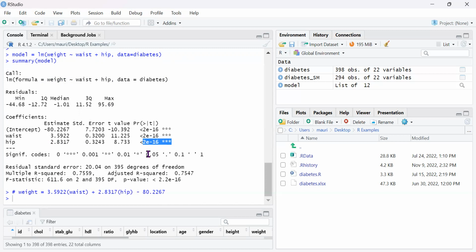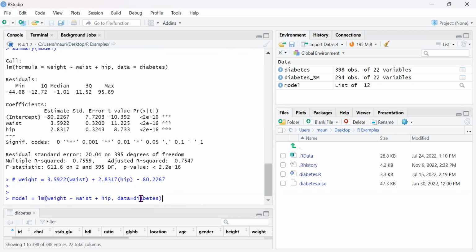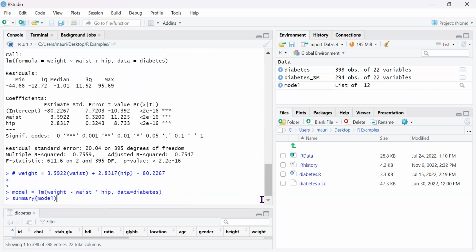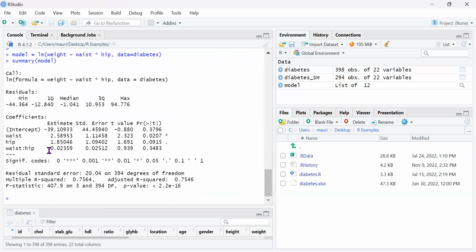Another way you can do it is, instead of using the plus symbol, you use the asterisk, which is times. It will produce another, third coefficient, which is the waist multiplied by the hip.